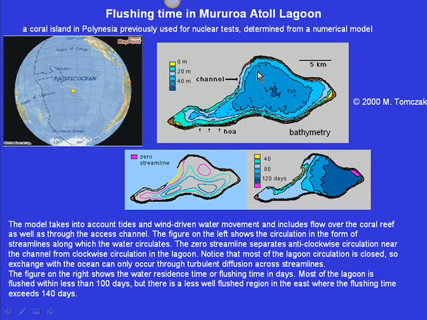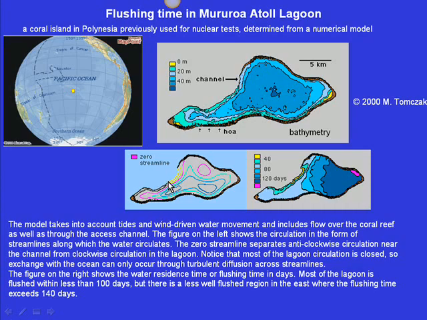You can see that there's a deep basin here of close to 40 to more than 50 meters, and the bathymetry pretty much follows the shape of the atoll. And here's the flow pattern obtained from a numerical simulation. These are the streamlines, and the zero streamline is the pink one.